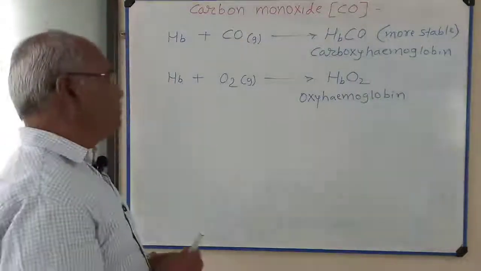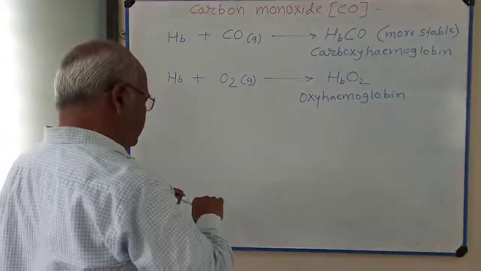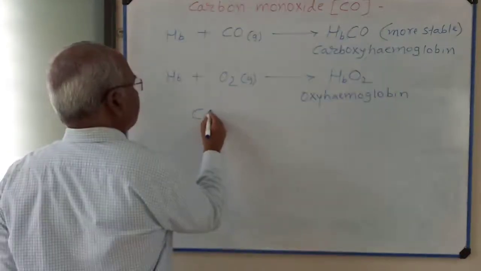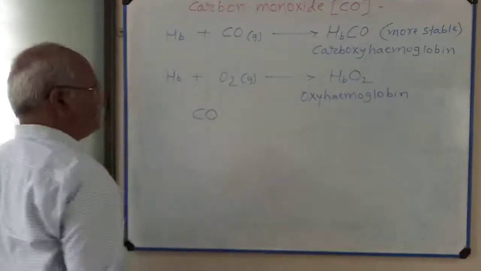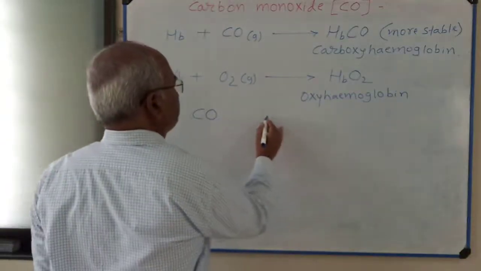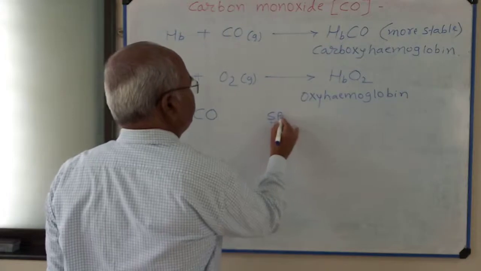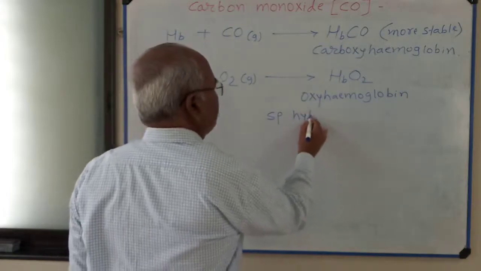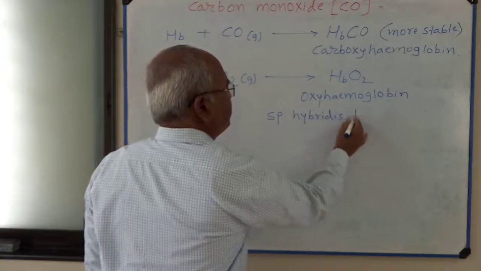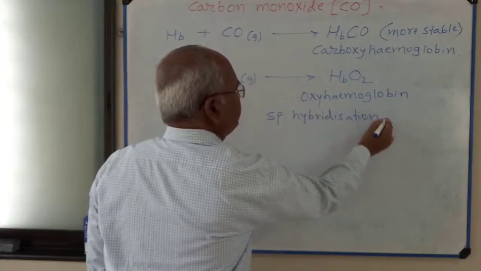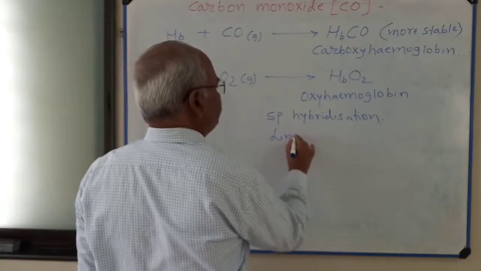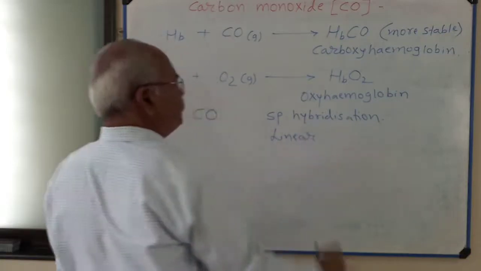Next point, the structure of carbon monoxide. Both carbon and oxygen undergo sp hybridization. And when there is sp hybridization, the geometry of the molecule is linear.